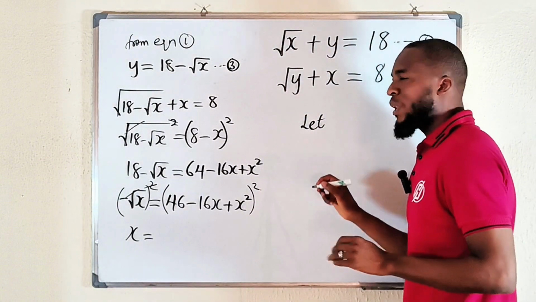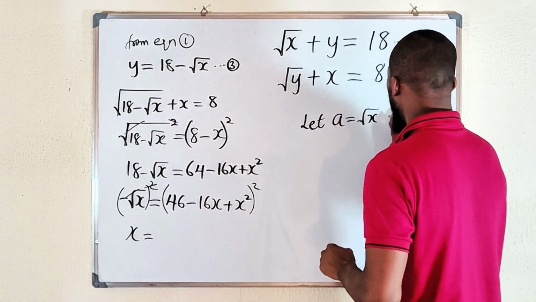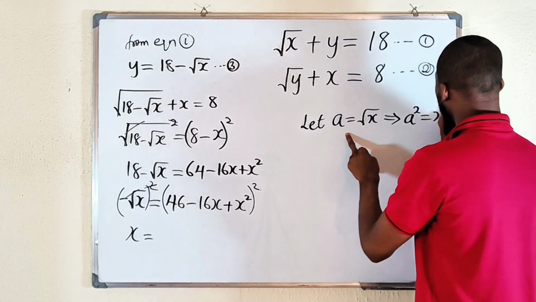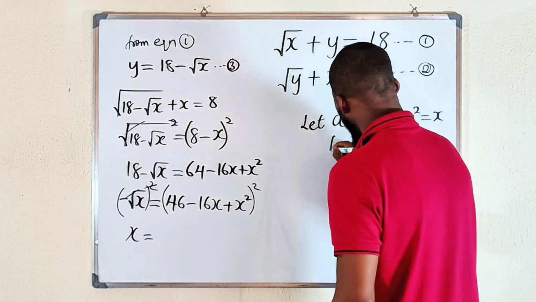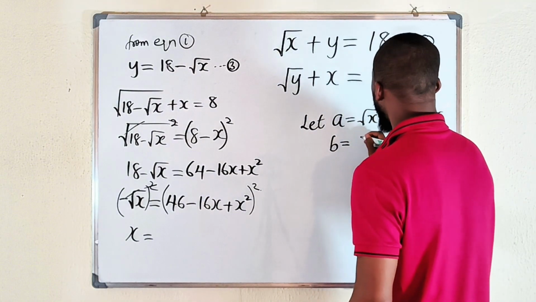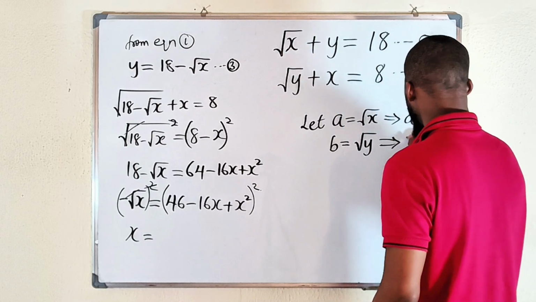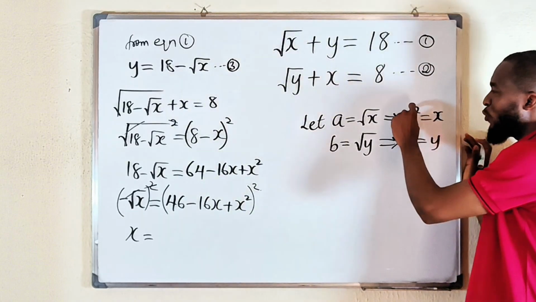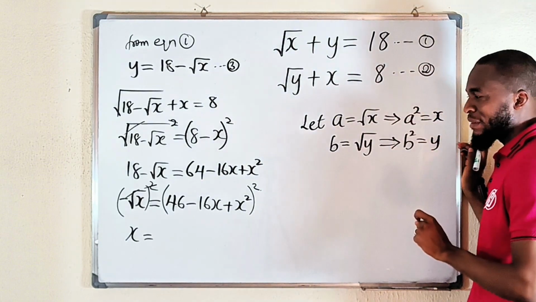Let a be equal to the square root of x, which implies that a squared is equal to x, if you square both sides. And let b be equal to the square root of y, so that b squared is equal to y.